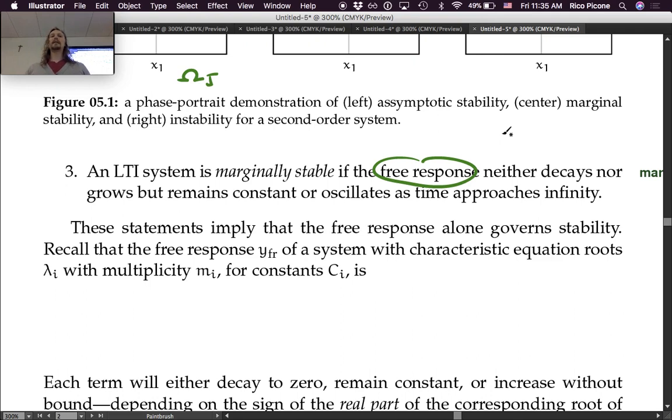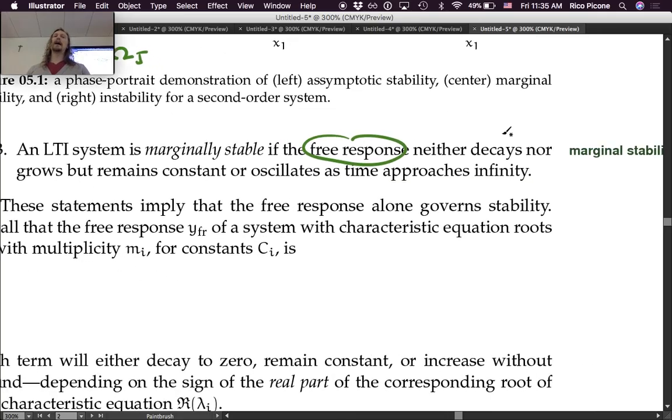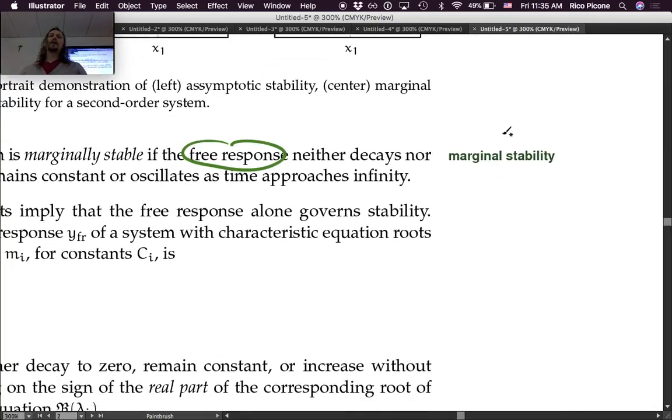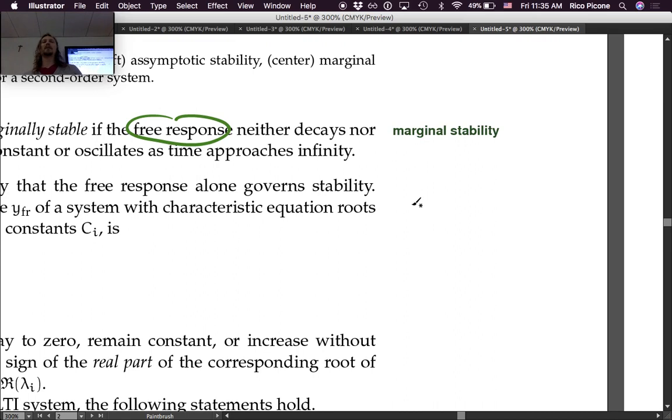Okay, so these statements imply that the free response alone governs stability for an LTI system. Recall that the free response, y free of a system with characteristic equation roots lambda i, multiplicity m_i for constant c_i. So before I write it, let's recall what these things mean. Remember when we're solving a differential equation, we have to find the homogeneous solution first, right?